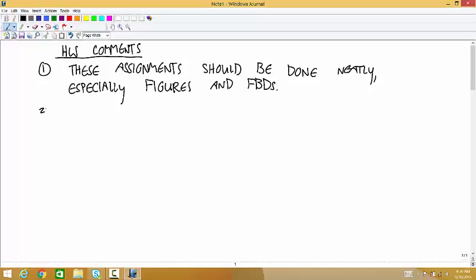And the second thing is vectors need to have heads. Don't just draw them as lines, because that can be one of two directions. That's incomplete information about the vector direction.